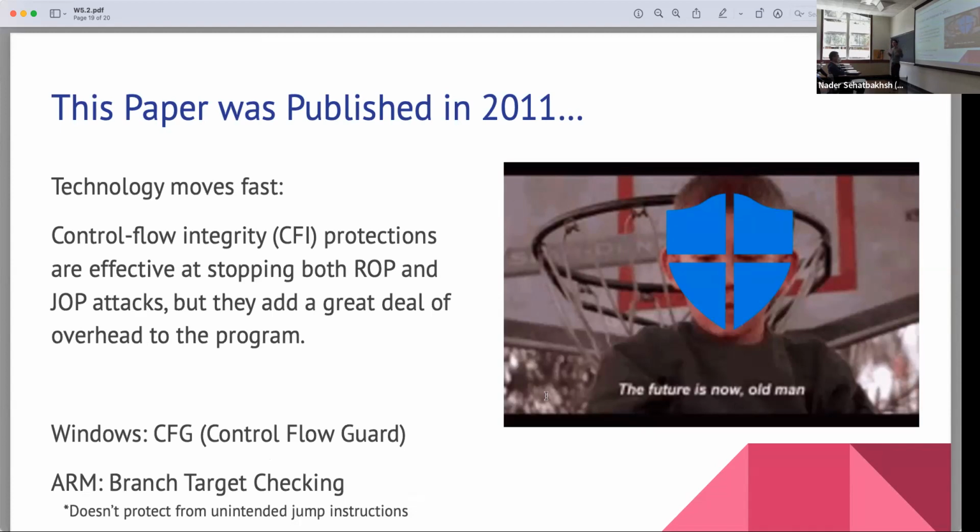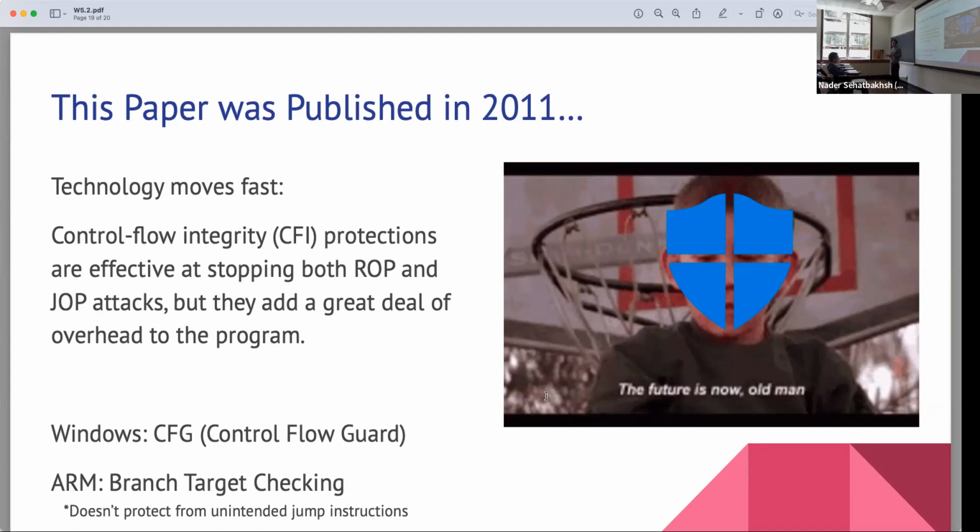Most control flow integrity protects against ROP, and some also protects against jump-oriented programming attacks. But they do add some overhead to the program. Windows Control Flow Guard is actually not on by default on Windows 8.1 and should be enabled, because this is dangerous.